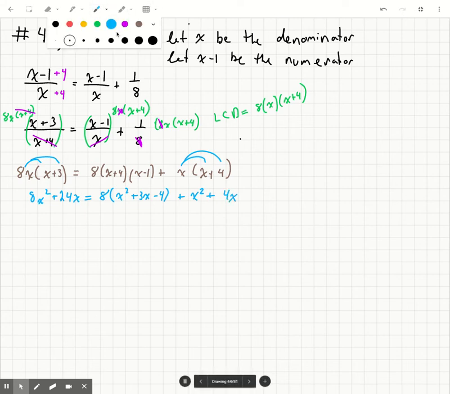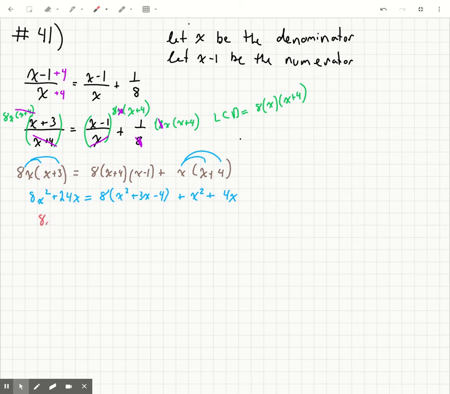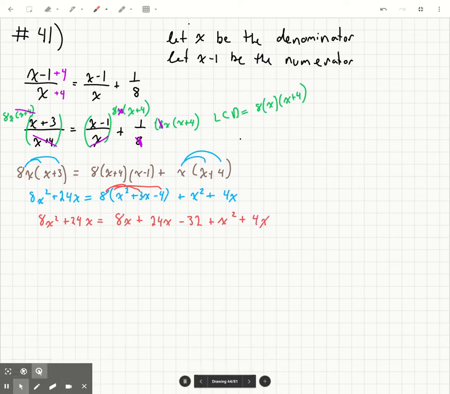Continuing to simplify, this side's already simplified, so 8x squared plus 24x equals 8 times that, so I'm going to multiply here, right? 8x squared plus 24x minus 32, and then plus x squared plus 4x. Sorry, that should have been x squared here, right?